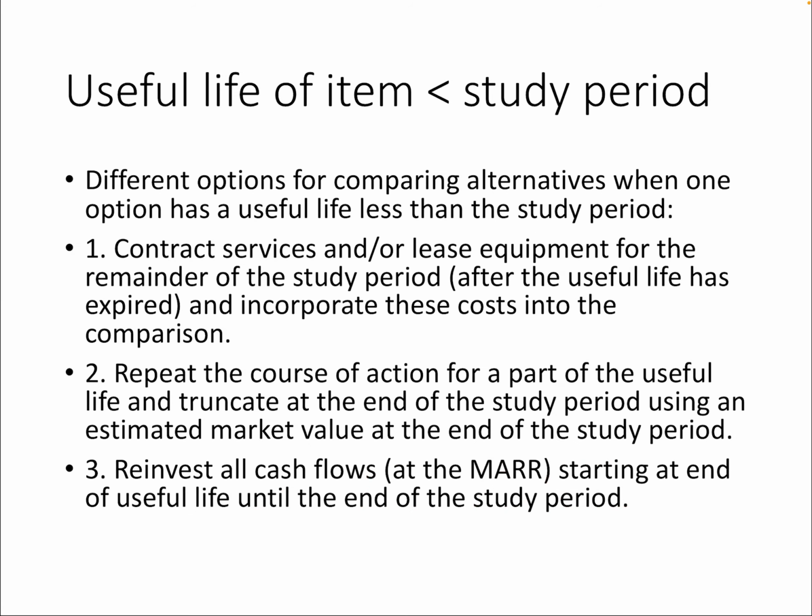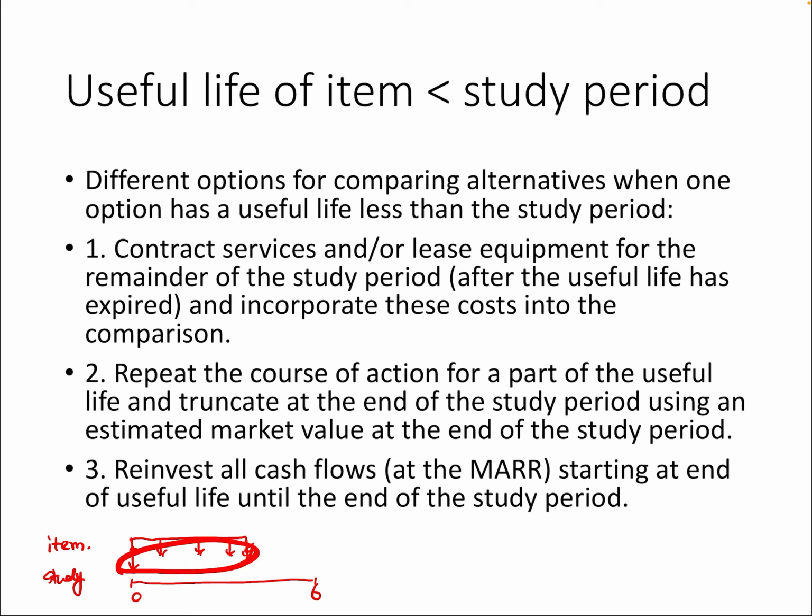The third method is you can reinvest all cash flows starting at the end of the useful life until the end of the study period. Still the same example. So say your item is good for 4 years, your study period is 6 years, okay? So the way we do that, the third method, is you have all the cash flows for this item in the 4 years, right? In the useful life.